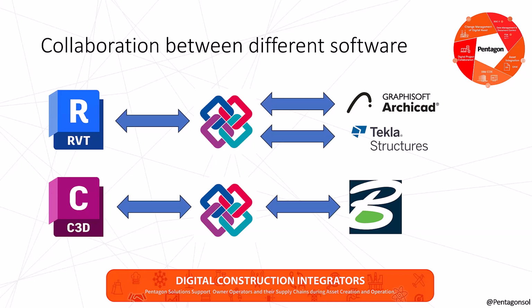So you can see on screen that we've got Revit to IFC to ArchiCAD and Tekla, and then back to IFC to Revit. The same with Civil 3D to IFC to Bentley, back to Civil, back to IFC. Now, Civil 3D and Bentley aren't actually certified by buildingSMART yet, but the IFC format provides a way to integrate the requirement information to these third-party software or third-party software developers.